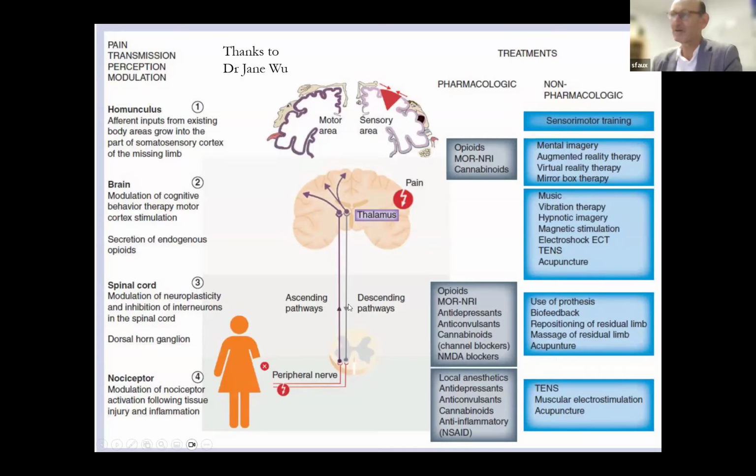Once you get into the spinal area of the neuropathic pain, opioids, antidepressants, anticonvulsants, and some NMDA blockers such as ketamine can be helpful. And then when you get to the very periphery, local anesthetics and antidepressants and anticonvulsants and anti-inflammatories can help. You can use TENS in the periphery, and you can use prosthesis biofeedback to tell patients when the limb is being properly fitted into the socket.